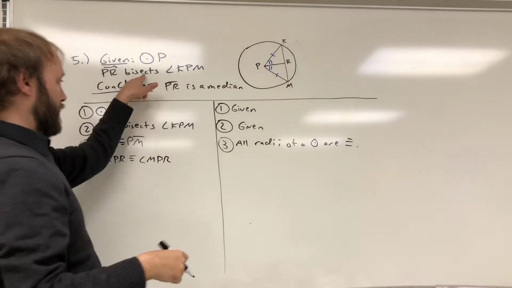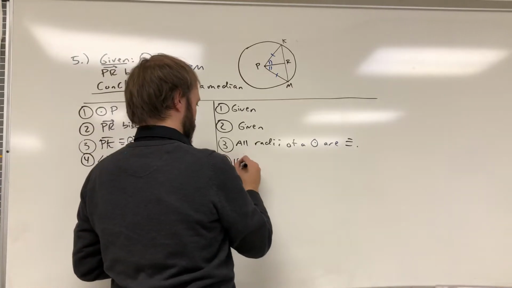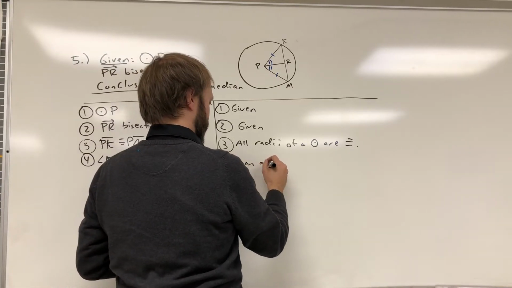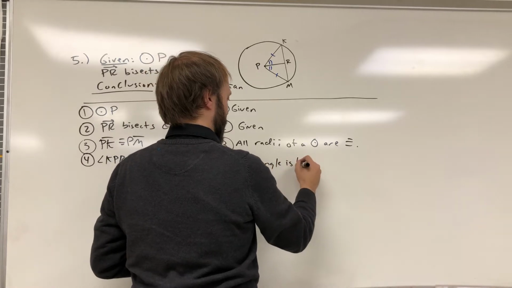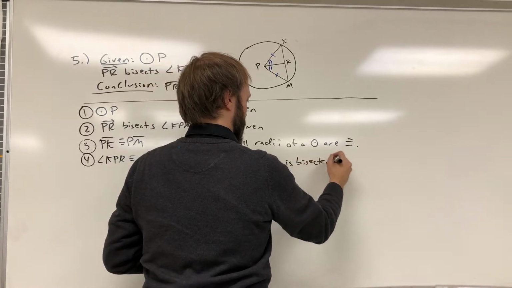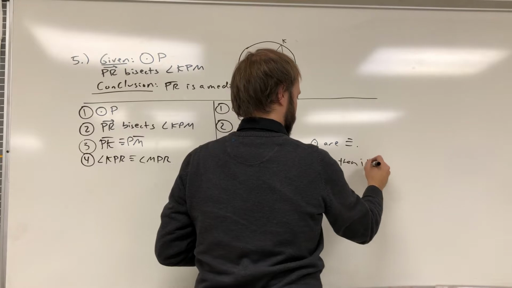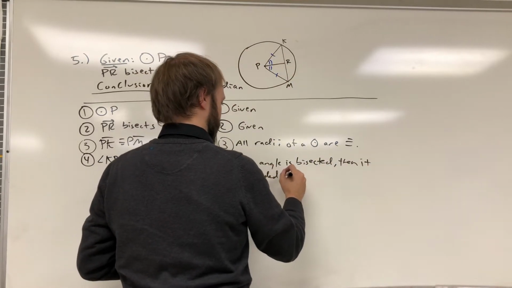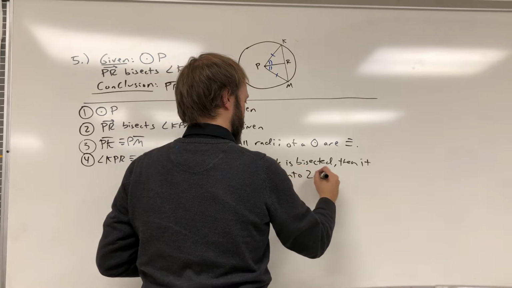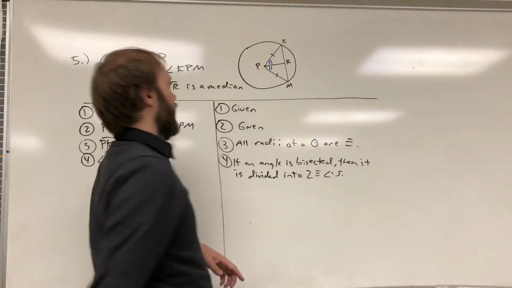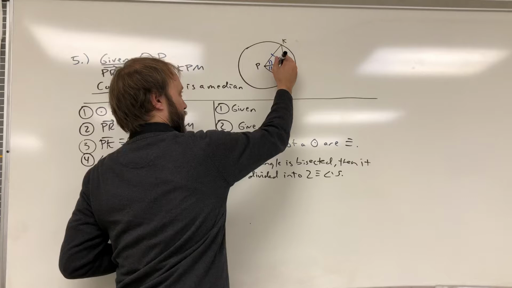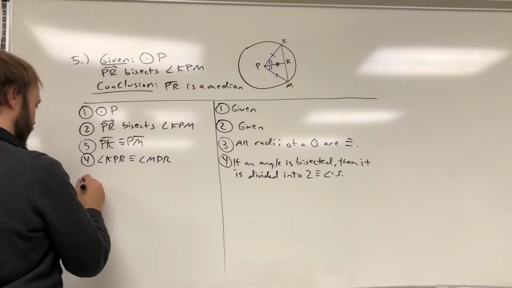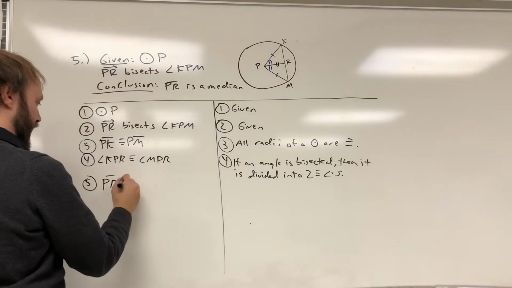And that, of course, is going to be that if an angle is bisected, then it is divided into two congruent angles. All right? Last thing here to get the two triangles congruent. PR is congruent to itself by the reflexive property, so we have that.